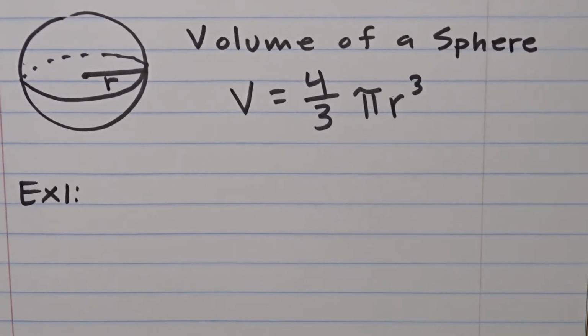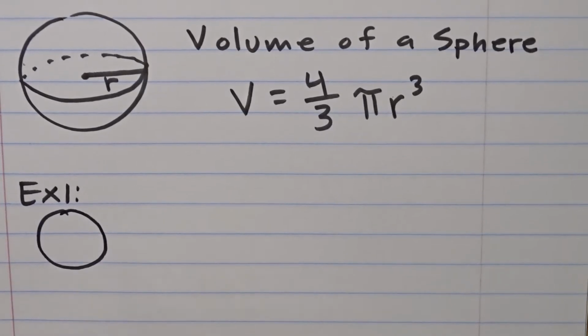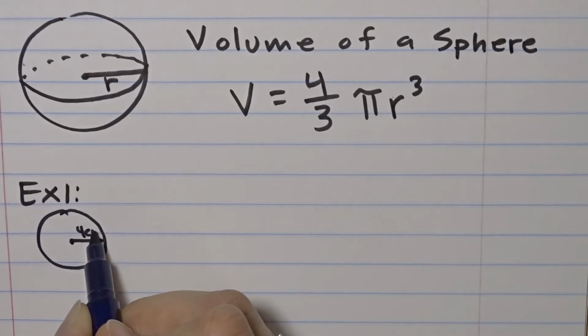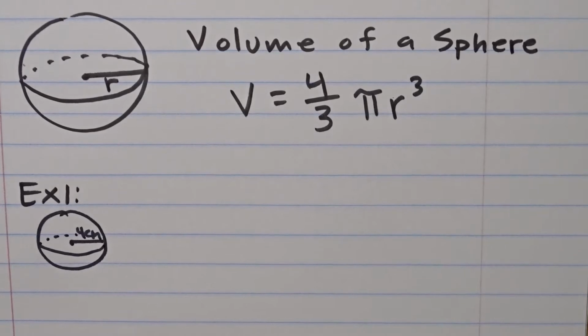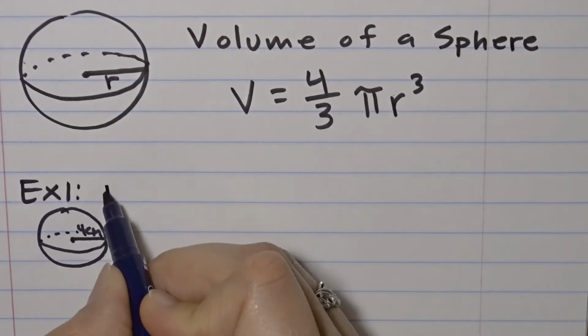So example 1 says to find the volume of the sphere. So it's giving us a sphere that's got a radius of 4 centimeters. So we're going to use a formula.